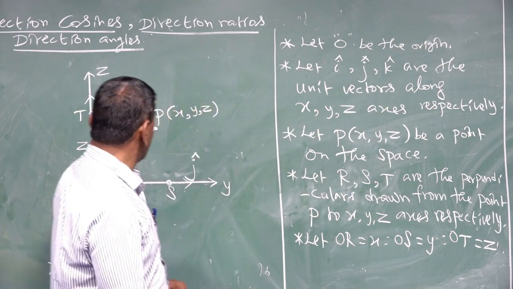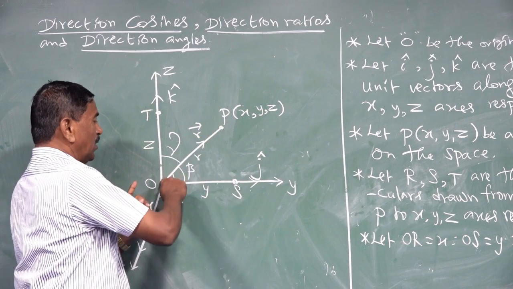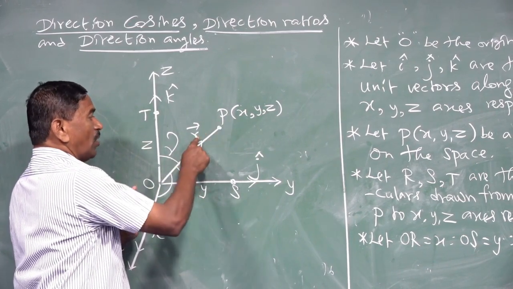Therefore, the position vector of P with respect to origin O is given by the OP vector, which is equal to the r vector.